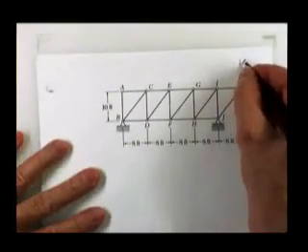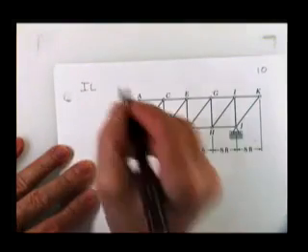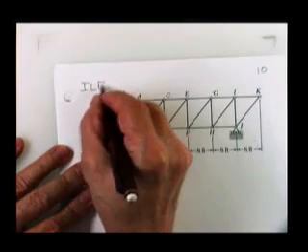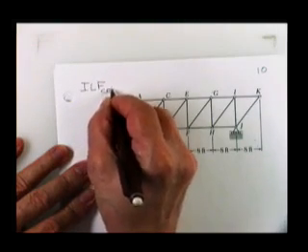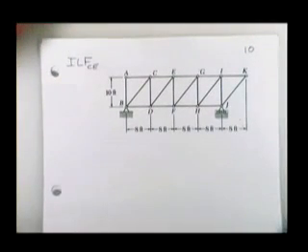Influence line for the force in member CE. I'm going to assume that you're looking for tension, and therefore what I'm going to do is I'm going to shorten member CE.